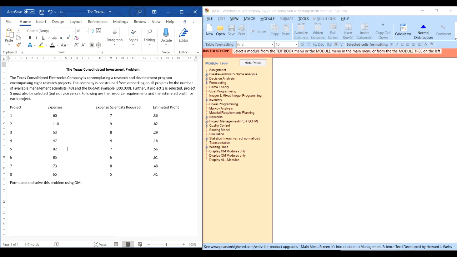Further, if Project 2 is selected, Project 5 must also be selected, but not vice versa. Meaning that if we choose Project 2, then Project 5 must also be chosen.